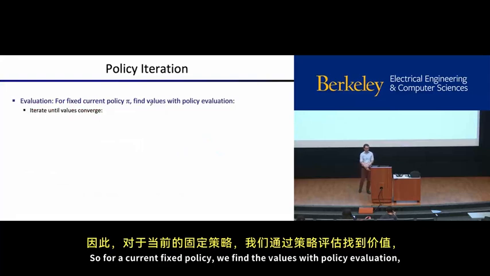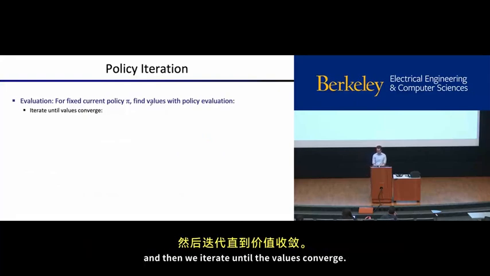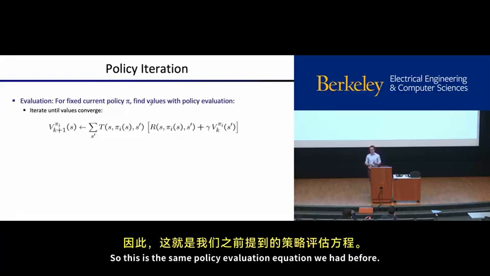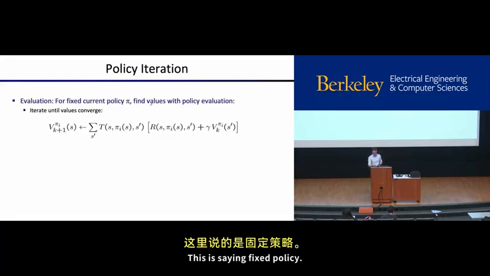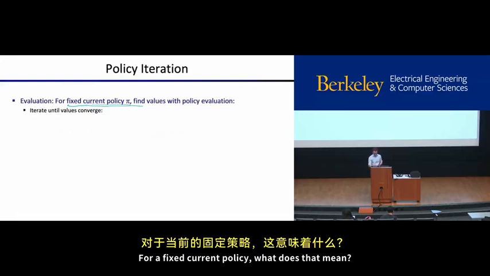Okay, so for a current fixed policy, we find the values with policy evaluation, and then we iterate until the values converge. So this is the same policy evaluation equation we had before. This is saying fixed policy. For a fixed current policy, what does that mean?